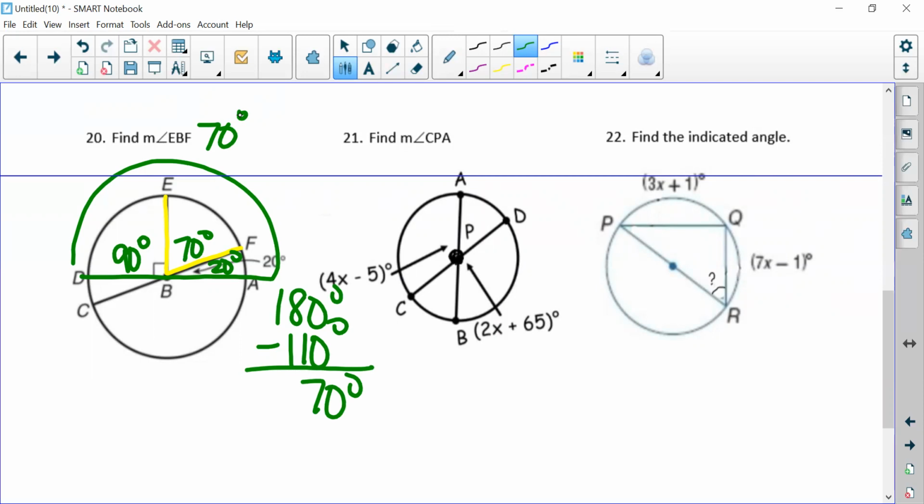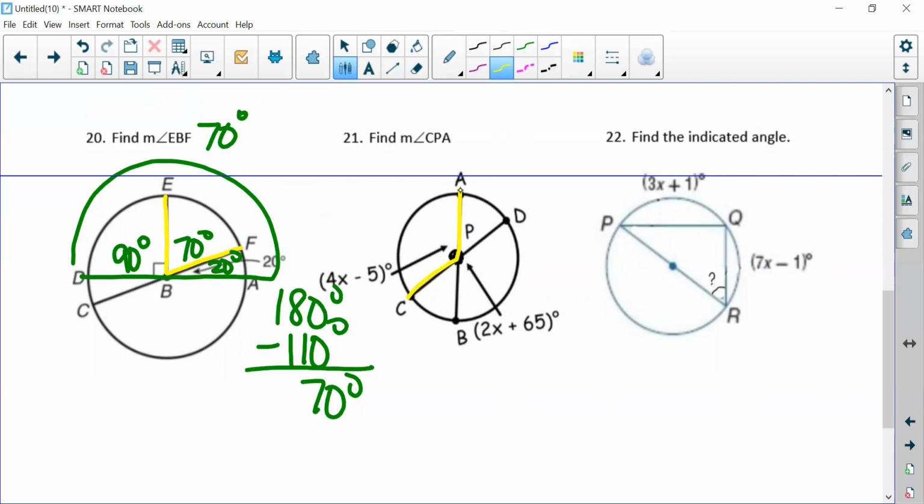Number 21 asks us to find the measure of angle CPA. Now, what some of you would try to do is you would recognize that CD is the diameter of your circle, and you would try to use the fact that arc CAD is a semicircle, okay? But look, you don't know the measure of arc AD or CB, so you couldn't use that particular method, okay?